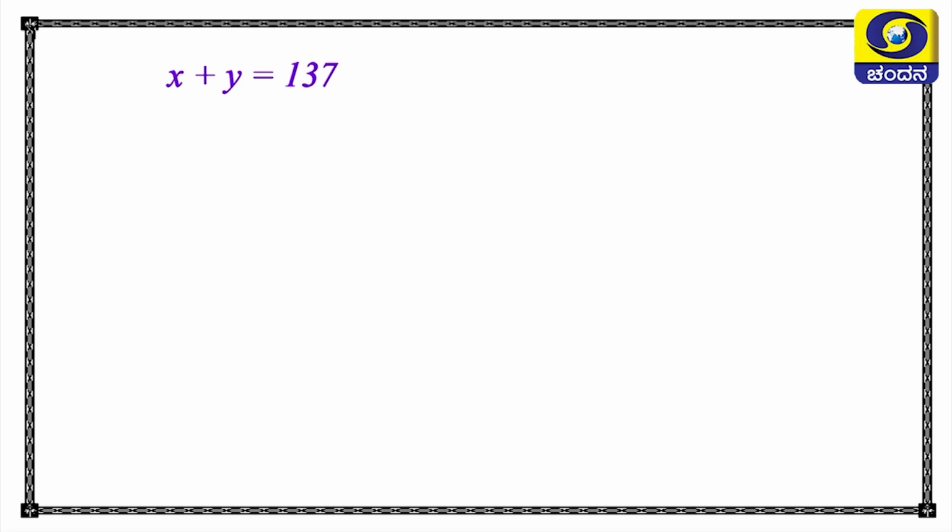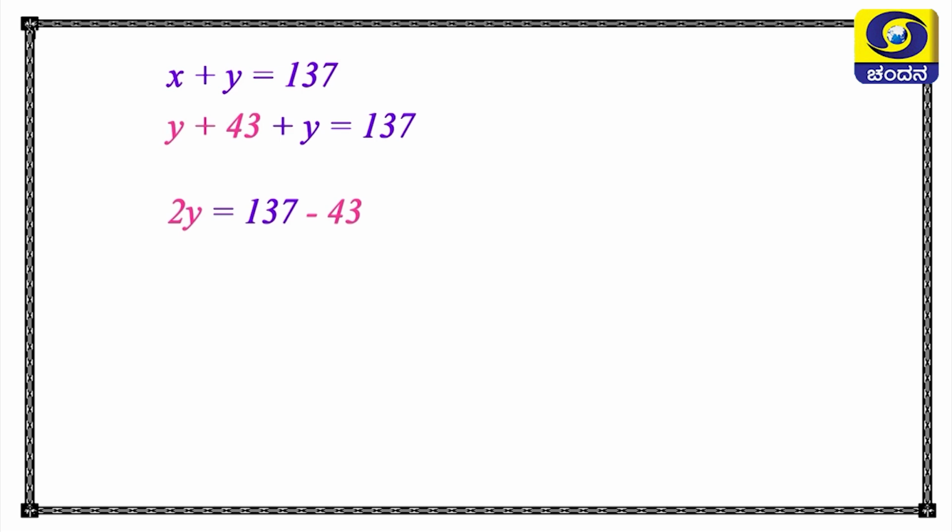This is the first equation. So in place of x, I am substituting the value y plus 43 plus y is equal to 137. Y plus y, that is 2y. 2y plus 43 is equal to 137. I am sending 43 to the right side, that is RHS.